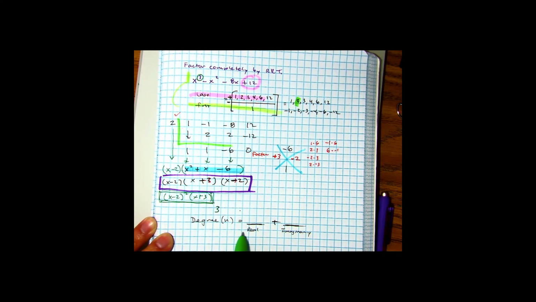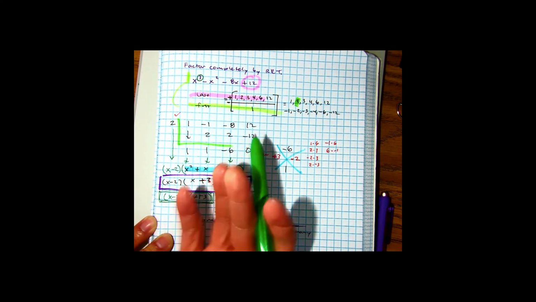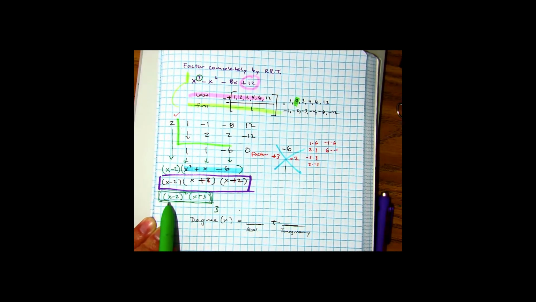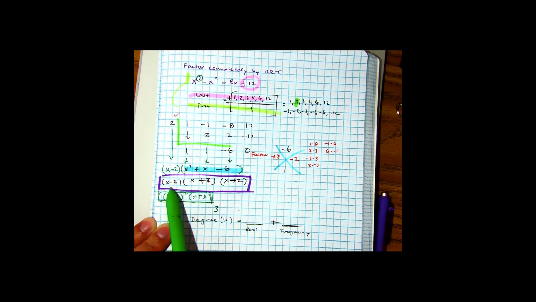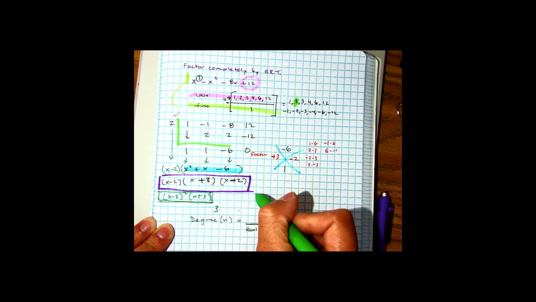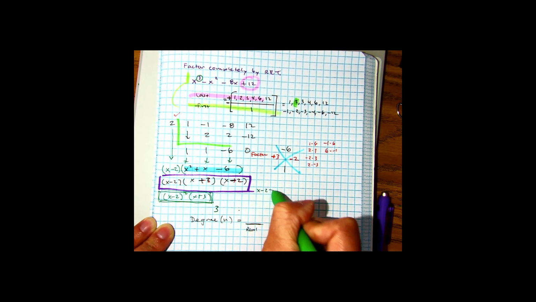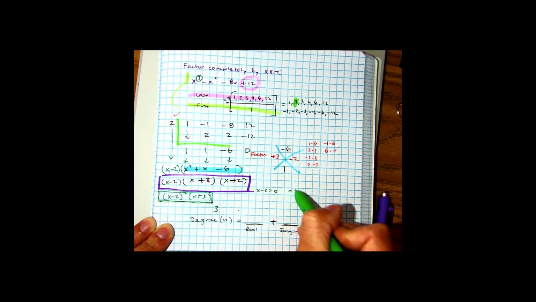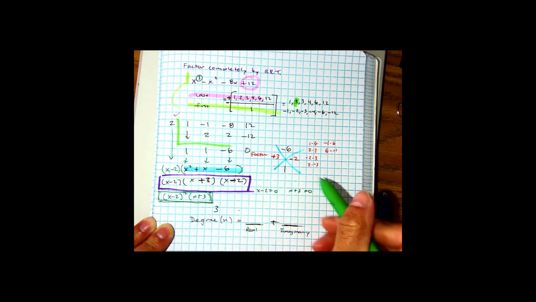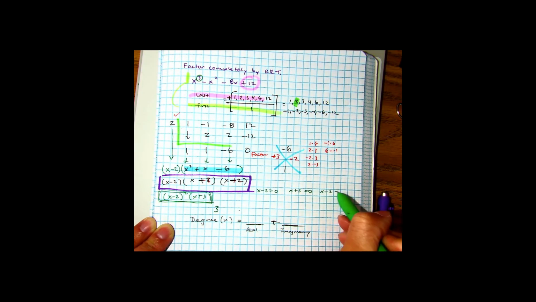Well, how do I know if they are real or imaginaries? We haven't graphed it. Well, we actually solved for the binomials here, and you can just apply the zero product rule, and we can solve for our x-intercepts here. So I can do x minus 2 equals 0, x plus 3 equals 0, and x minus 2 equals 0.